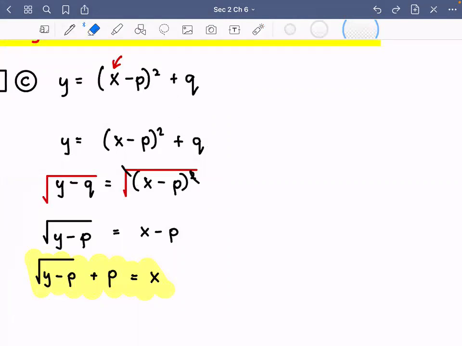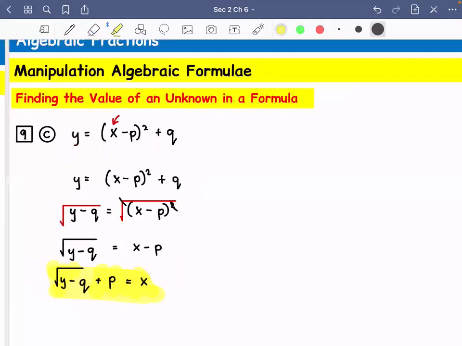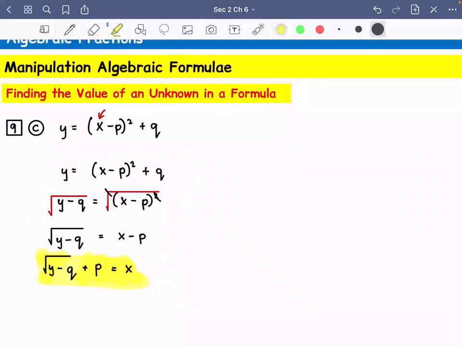This one should be Q, not P. Thanks, Victoria, for telling me. So here's the Q now, so it's clear.